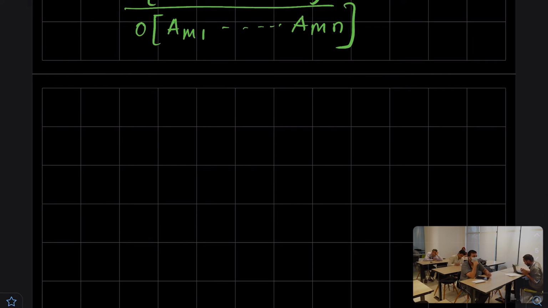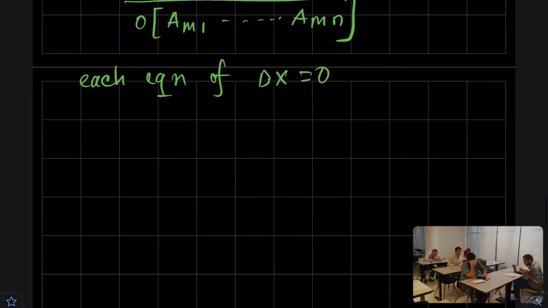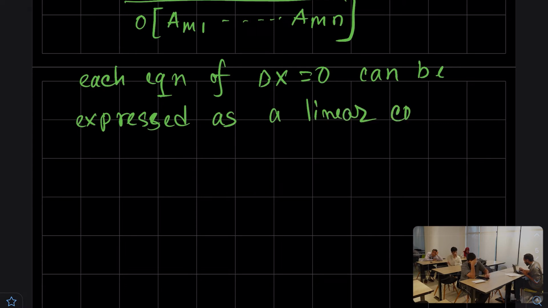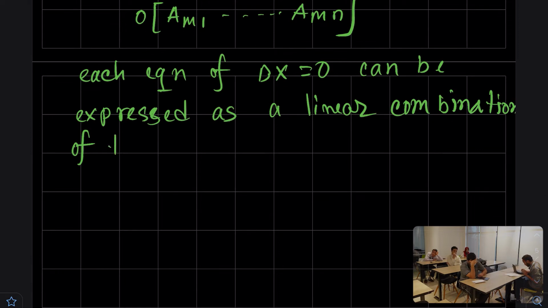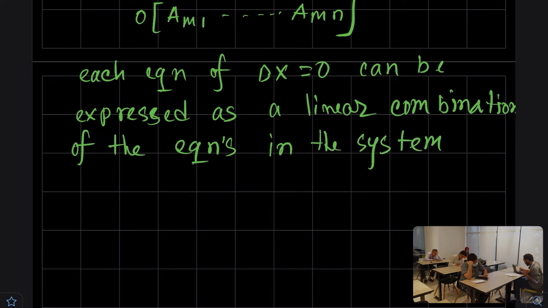So each equation of Bx equal to 0 can be expressed as a linear combination of equations in the system Ax equal to 0, right?